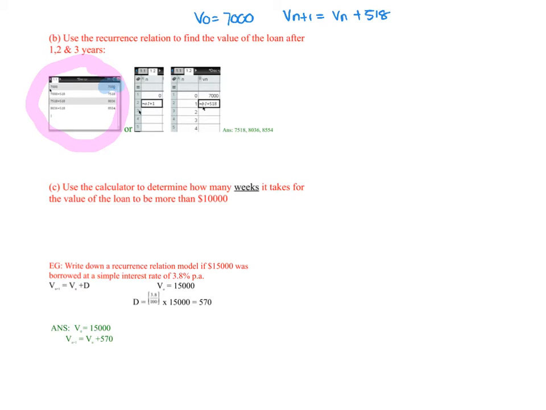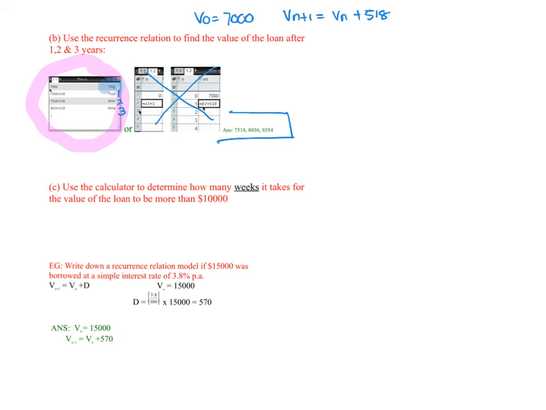So when it says after 1, 2, or 3 years, this is 1 year, this is 2 years, this is 3 years. So it wanted you to write them all out, so you can see I've written them out there. I would not worry about this method. We don't need to do that.